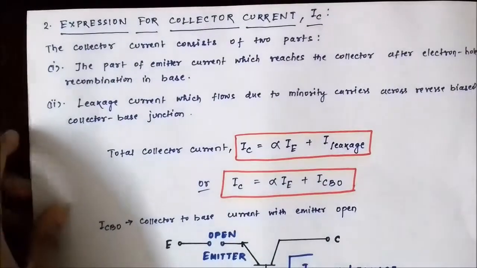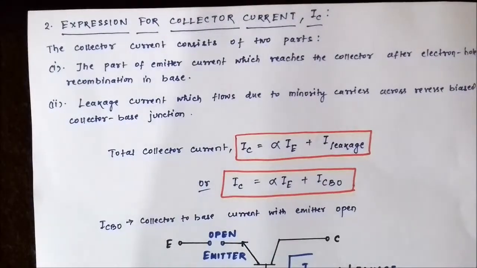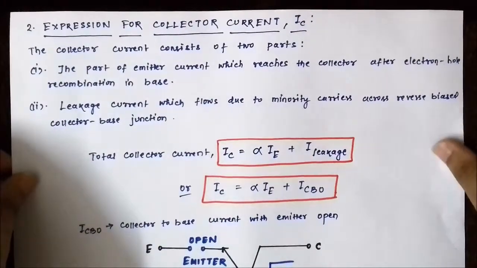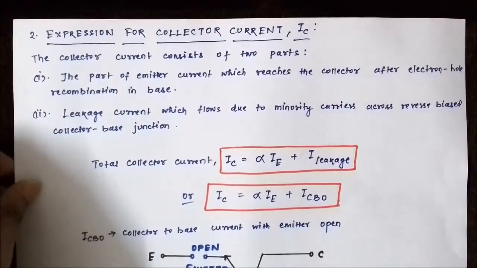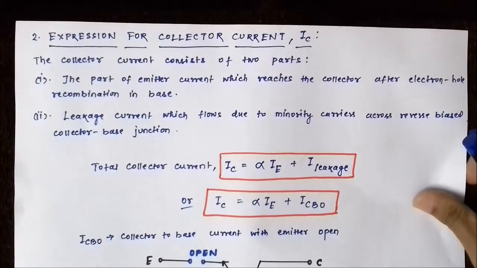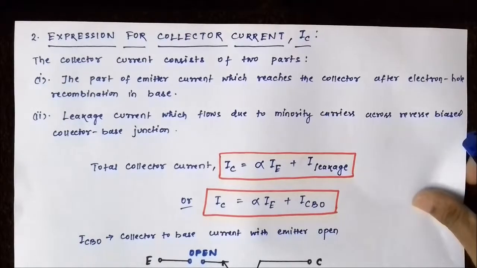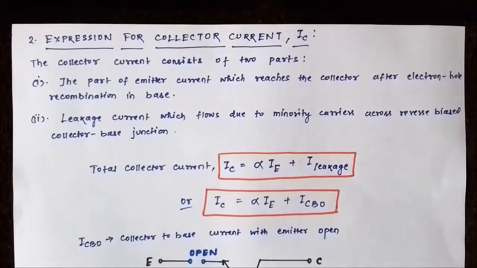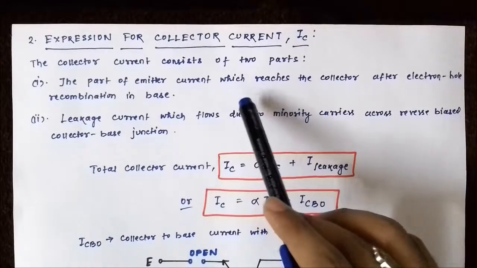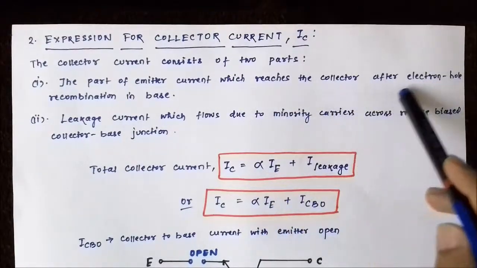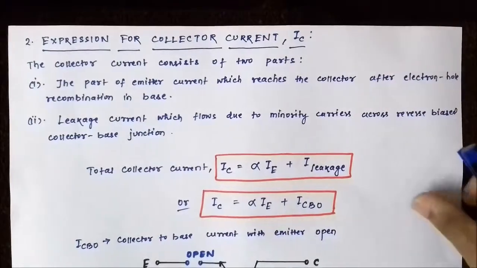Now the next important parameter associated with common base configuration is the collector current expression, the output current. The collector current in common base configuration consists of two parts. The first part is because of the emitter current from the emitter base junction, which reaches the collector base junction after electron hole recombination in base.